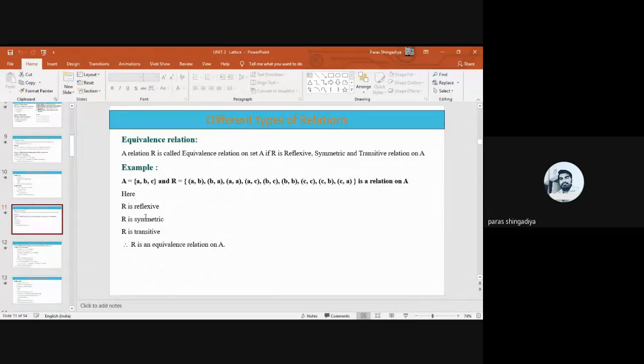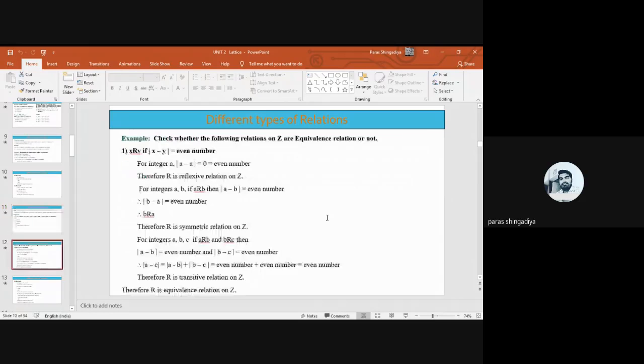In the definition, we say the relation is equivalence if it satisfies three types of relation, meaning reflexive, symmetric, and transitive, then it is called equivalence relation.